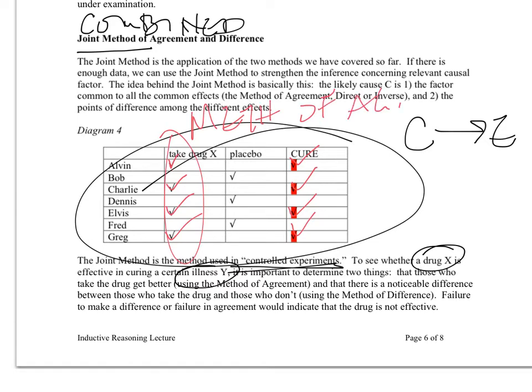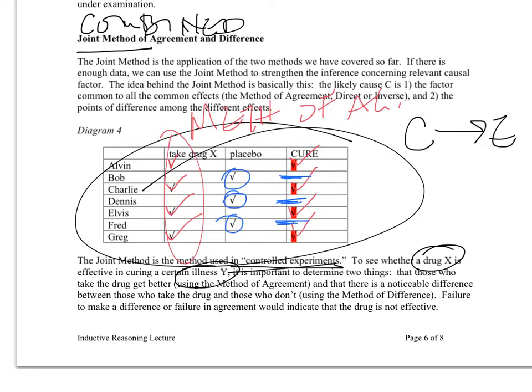And then to make sure that those who actually got better, as opposed to those who didn't get better, so unfortunately those who weren't cured, people like Bob and Dennis and Fred, were the ones who took a placebo. Placebo being a pretend curing agent.